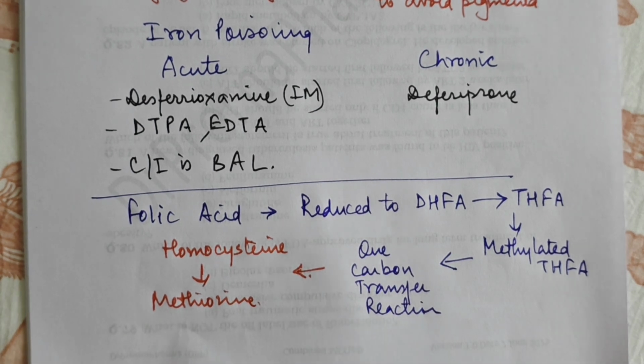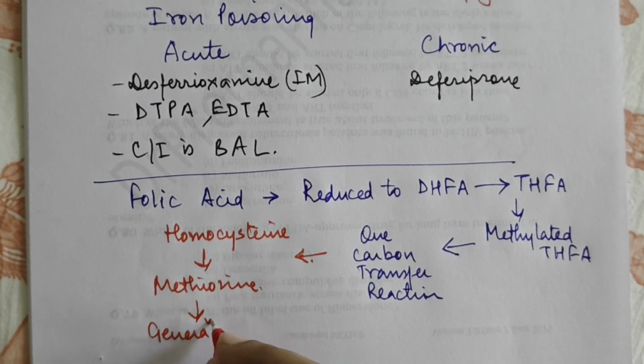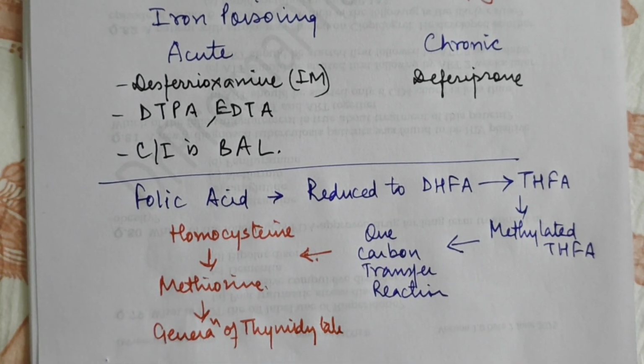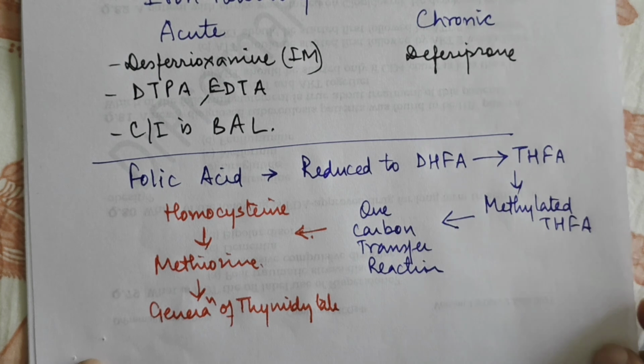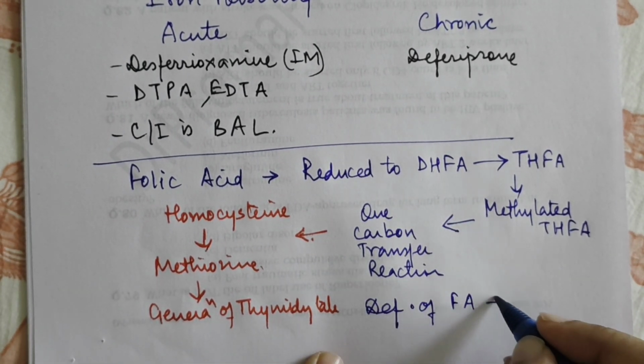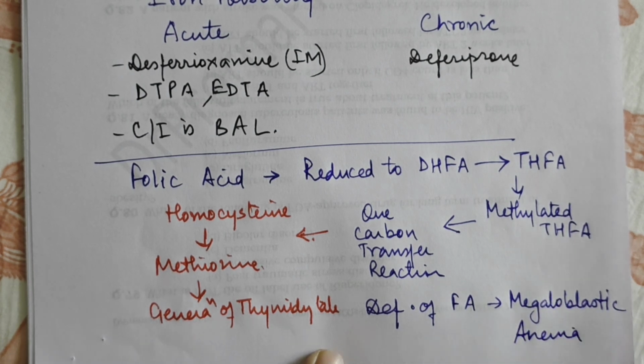Right, this is something very important, and for generation of thymidylate, which basically requires vitamin B12 as well as folic acid. So this reaction, if there's a deficiency of folic acid, will result in megaloblastic anemia. Okay.